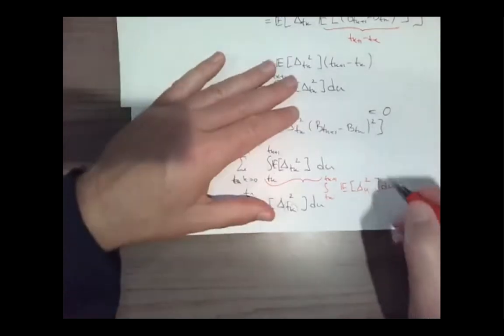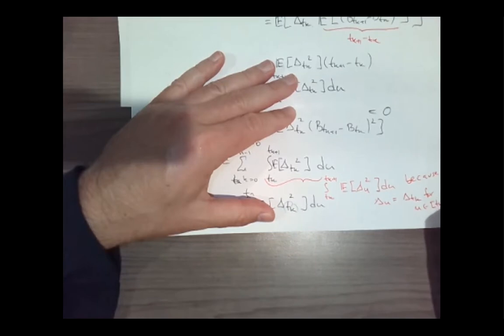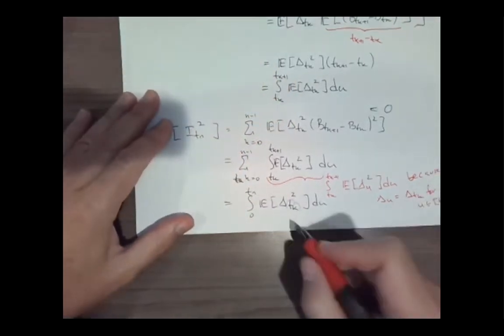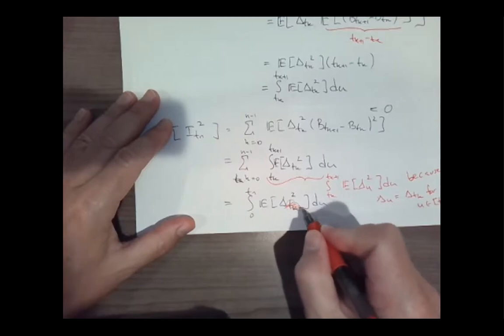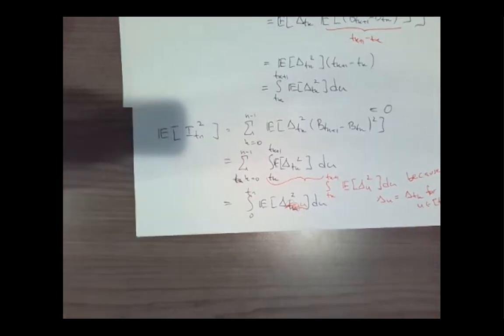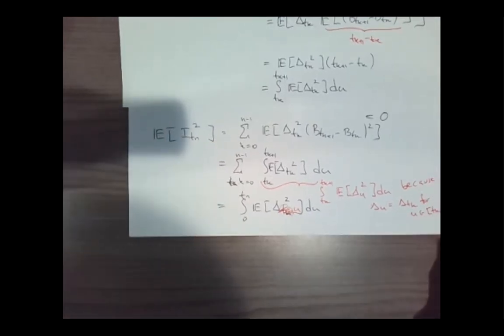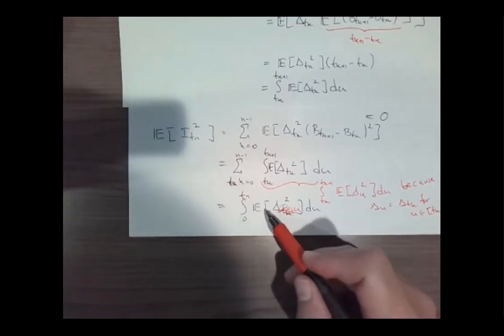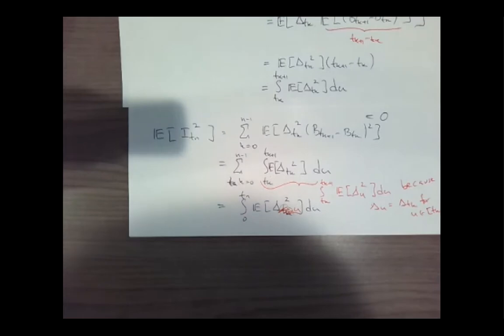And this is because delta u is equal to delta tk for u between tk and tk plus 1. So here I should put a u. And that was the isometry, right? I can pull the expectation back outside if I so decide.